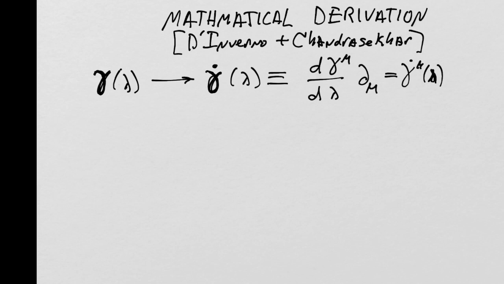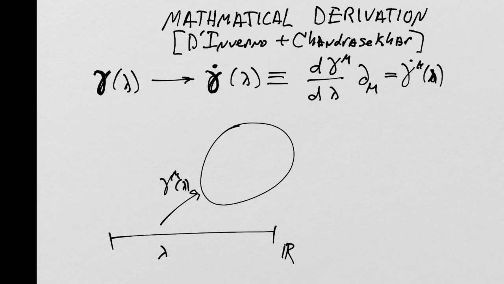And this is the usual kind of curve, right? We have lambda, which is on the real line, and there's a map of lambda called gamma mu of lambda, and it goes into the manifold of space-time. And then this manifold of space-time has an atlas.